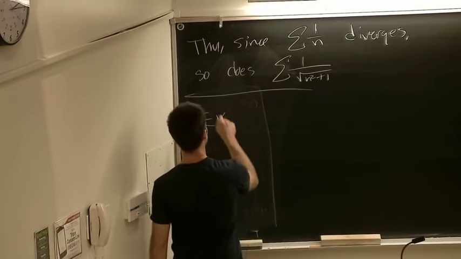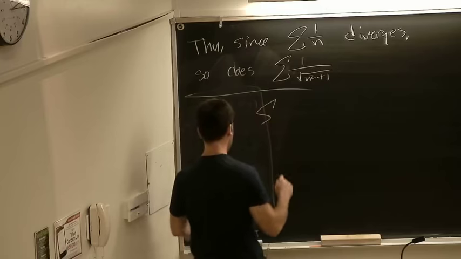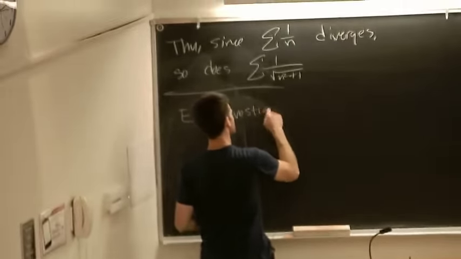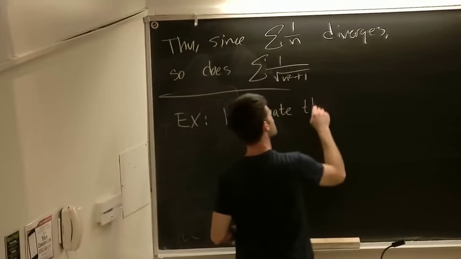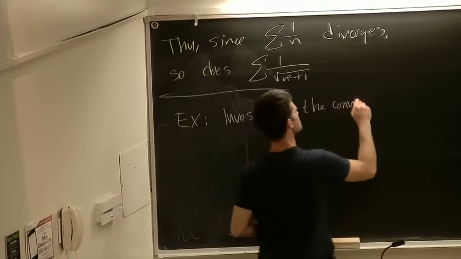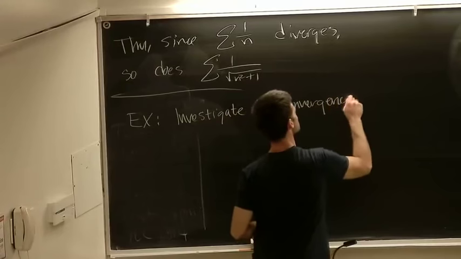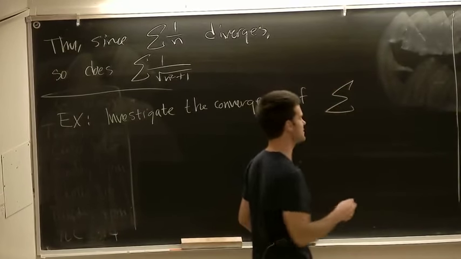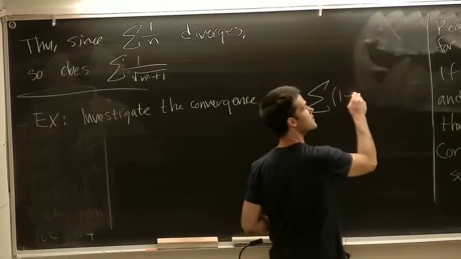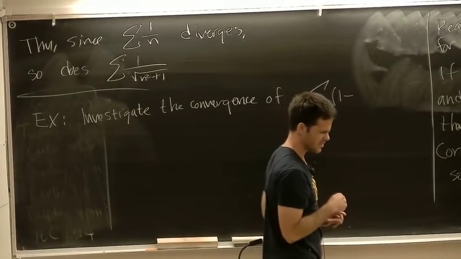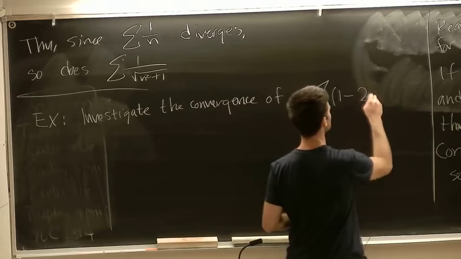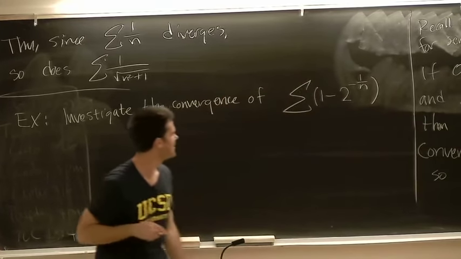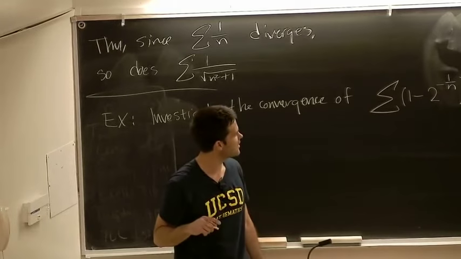So let's investigate the convergence of, okay, let's see if I can remember this one: 1 minus 2 to the negative 1 over n. Kind of a weird series there.